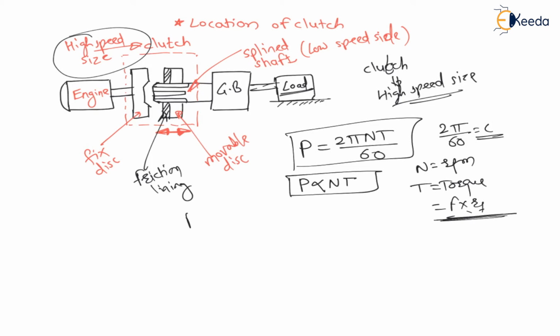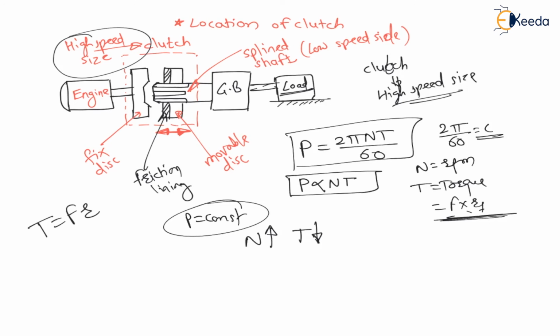Therefore, for power to be constant, if speed increases, then torque decreases. Now torque is nothing but force into radius. As torque decreases, the radius required for the clutch also goes on decreasing, and as the radius decreases, the size of the clutch decreases.